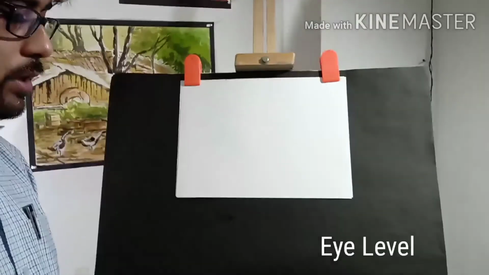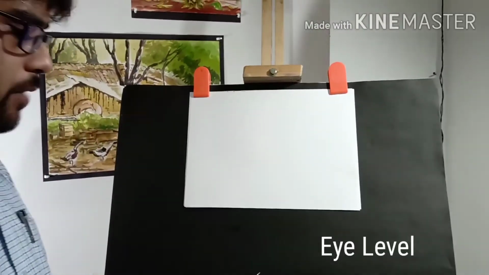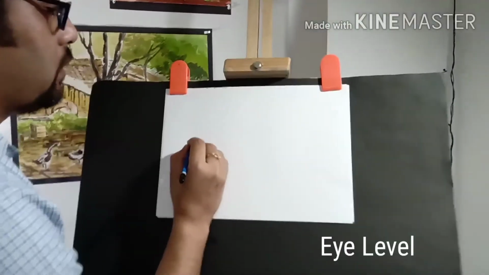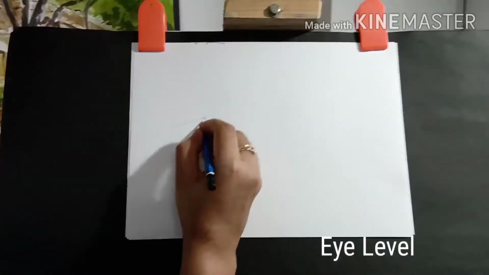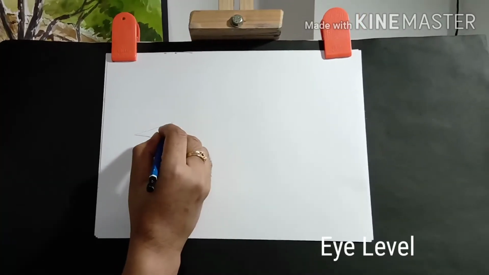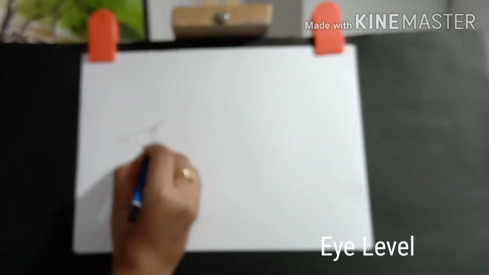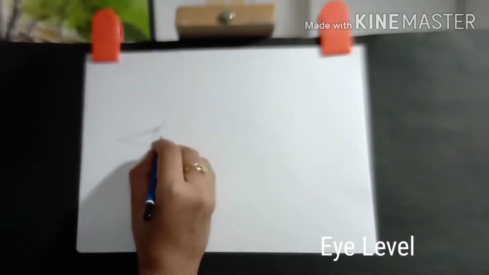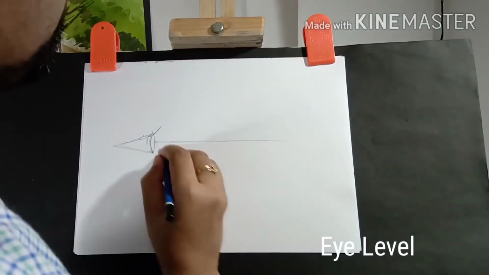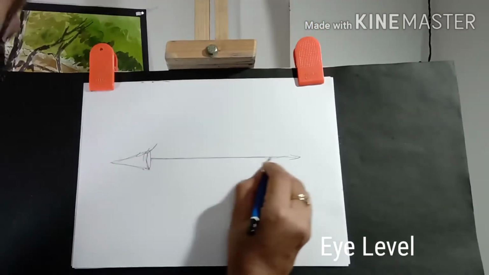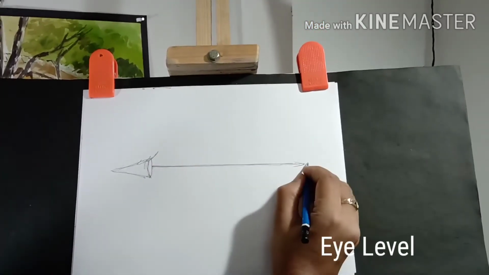Now next is eye level. What is the eye level? So if we are standing here, my eye is here only. If I look straight, this line is my eye level.